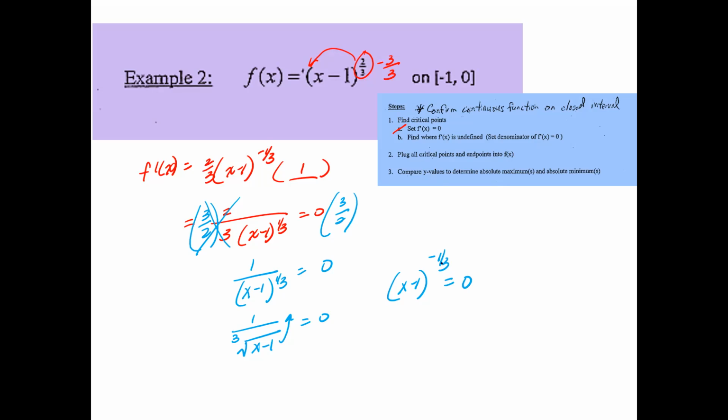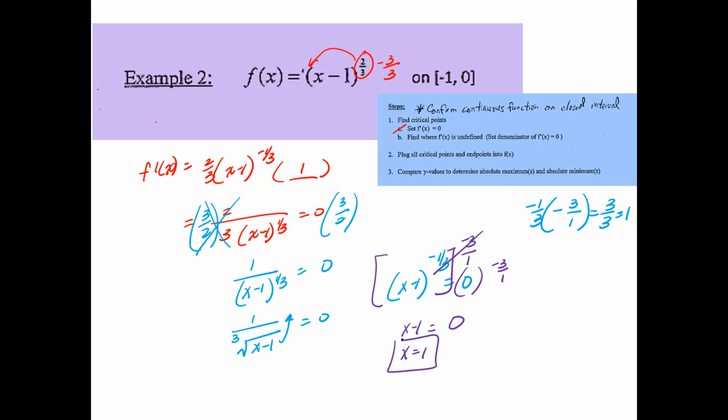So if I want to make this into a 1, if I were to multiply that by -3 over 1, then I will have a positive 3 over 3, which is a 1. So if I were to go ahead and do that, that part will cancel. x minus 1 equals 0 times negative 3 over 1, which is still 0, unfortunately. So then x equals 1. Okay, so that was a little bit tricky. So x equals 1, and then you have your critical point.